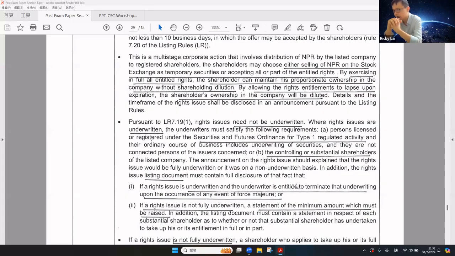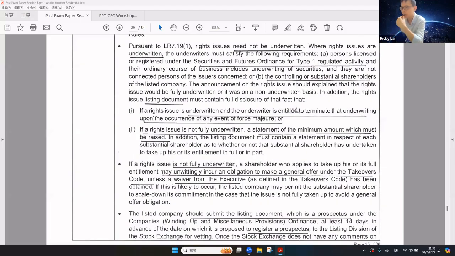The announcement on the rights issue should explain whether the rights issue is fully underwritten or on a non-underwritten basis. The listing document must include the following details. If the rights issue is underwritten, and the underwriter is entitled to terminate the underwriting upon the occurrence of any event of force majeure, or if the rights issue is not fully underwritten, a statement of the minimum amount which must be raised.